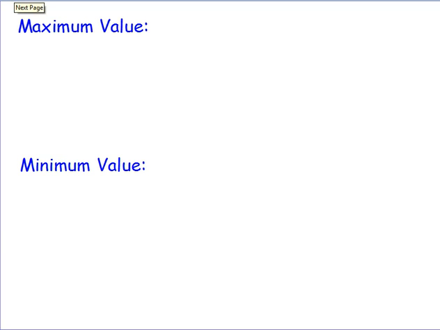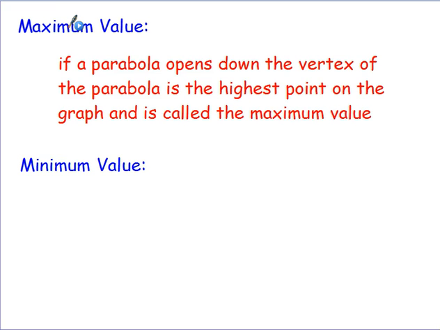When we talk about parabolas, which is what these are, and we talk about the vertex, that dead center point, we use the words maximum and minimum value a lot. So write down the definition.